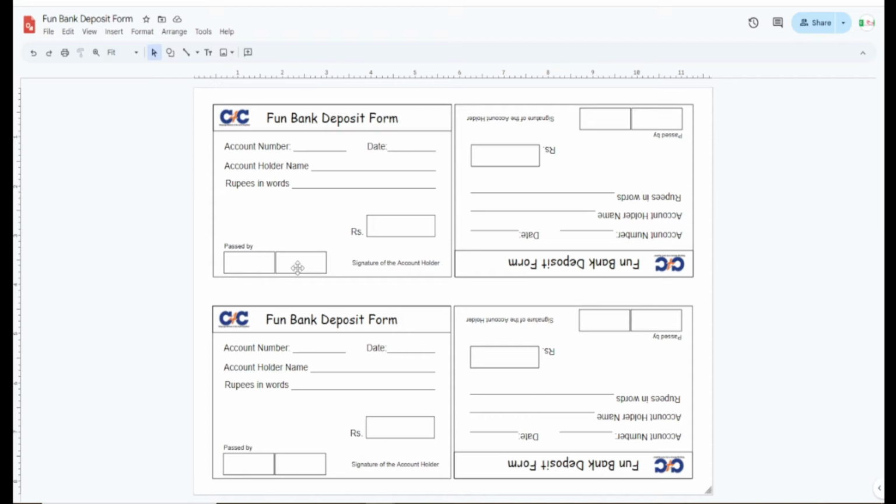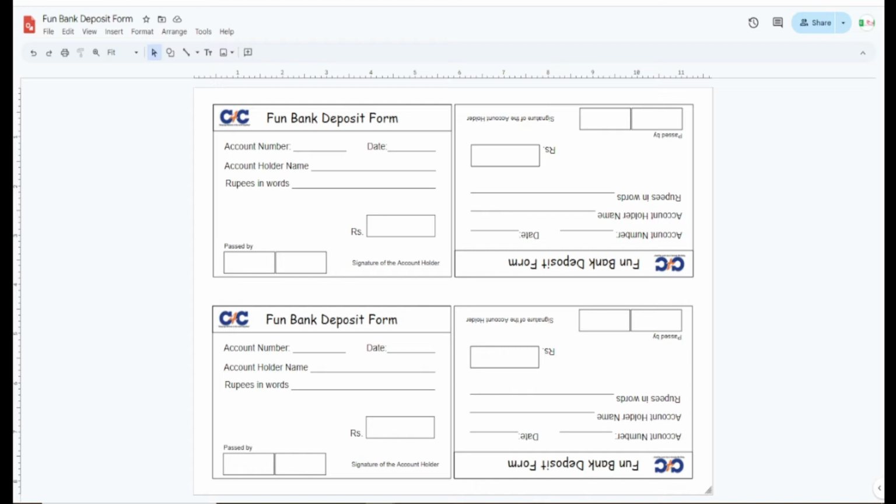Once he is done with that, he will sign here. This is the account holder signature. Before they submit this form, they do the signature, keep it inside the passbook and produce it to counter 1. So this is how it is done.